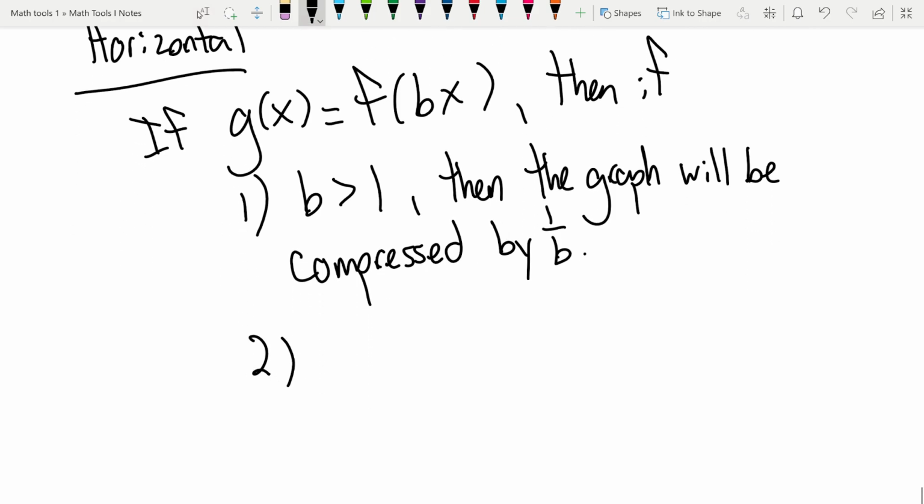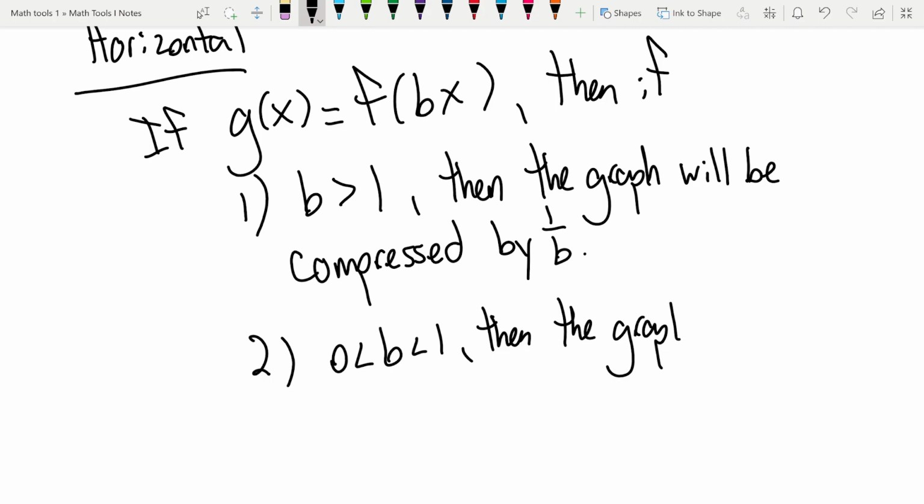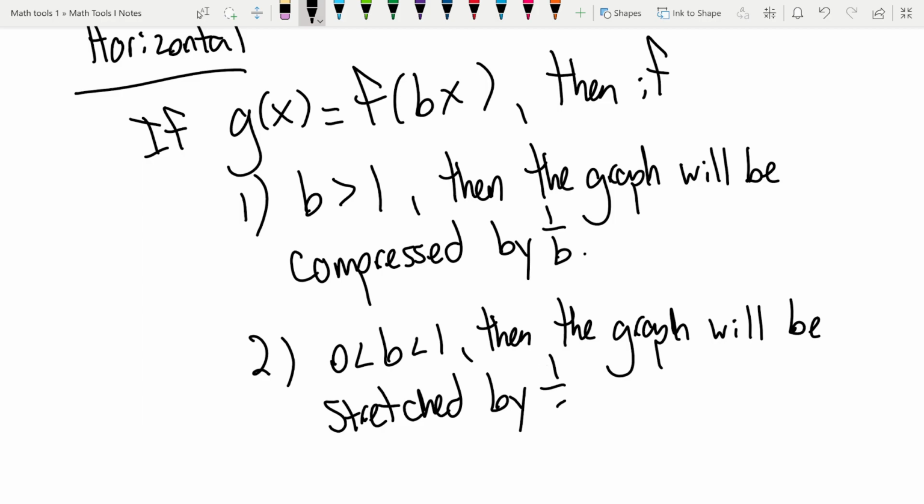So then if b is between 0 and 1, so 0 is less than b is less than 1, then the graph will be stretched by, again, 1 over b. Okay. And we should specify for both of these that we mean horizontally. Right. Okay.